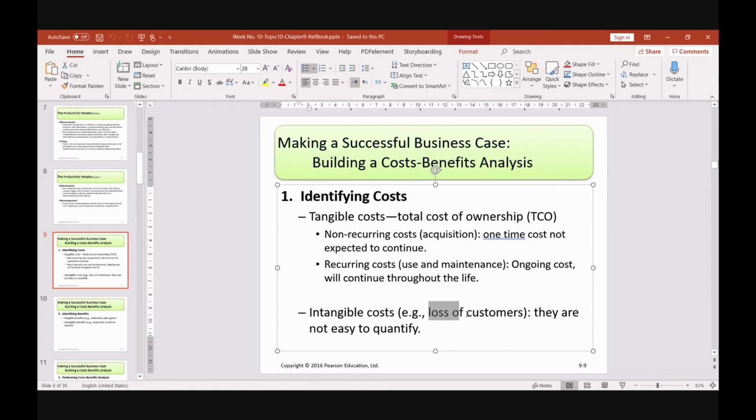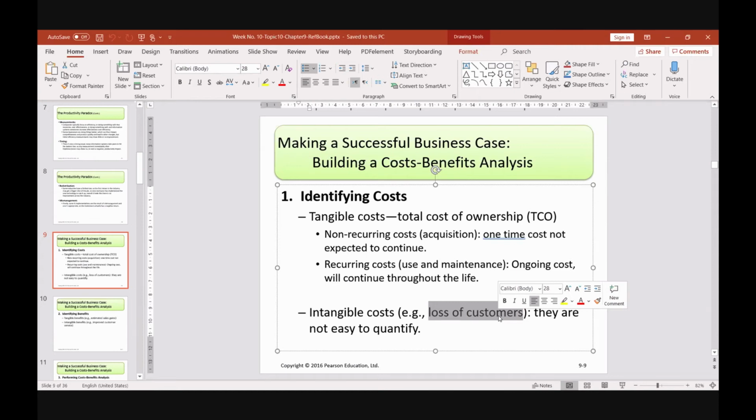For example, loss of customer. This will also increase your cost. Your reputation. If your reputation is wrong, you also have to pay for that. You have to increase the budget every time. You are not getting profit.